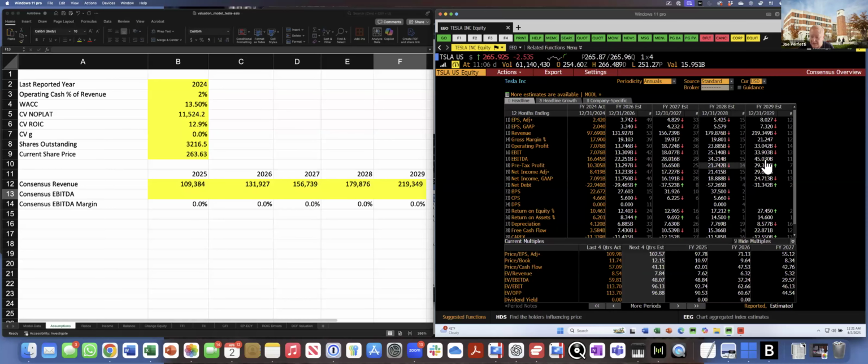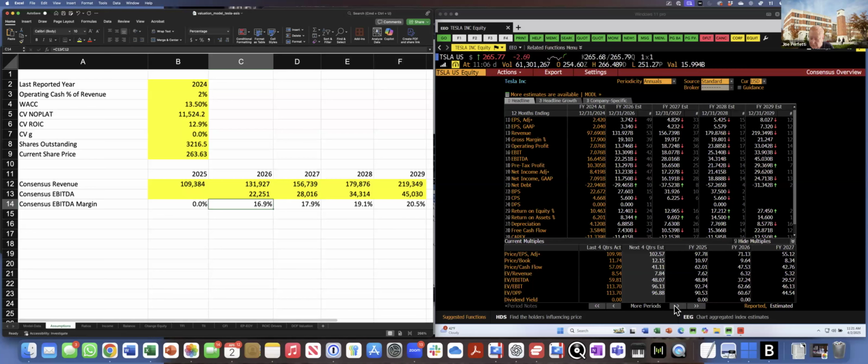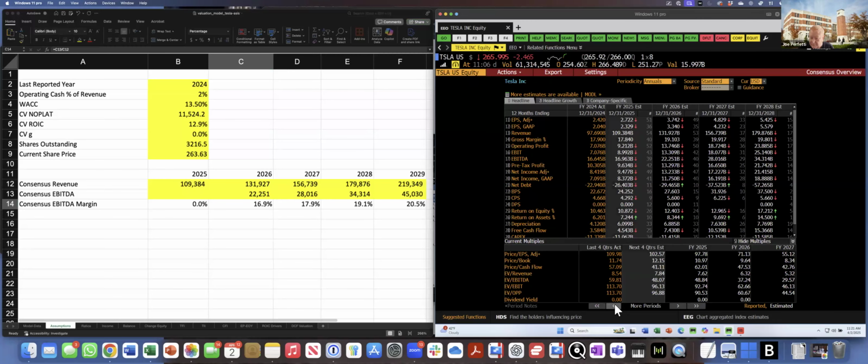In 29, EBITDA 45,030. 28 is 34,314. And before that, 28,016. 22,251. And for 25, 16,963.